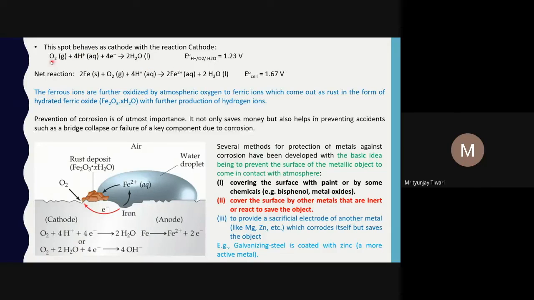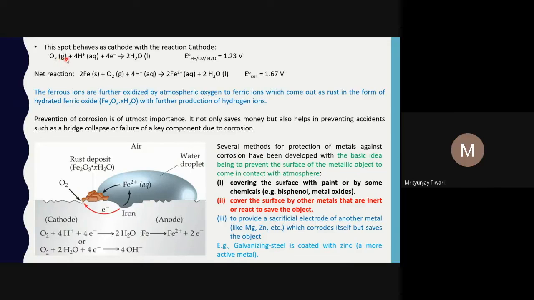At the cathodic spot, what reaction will take place? It will be the reduction, because only reduction takes place at the cathode. As I explained earlier, the oxygen will be converted into oxide, and this oxygen accepts those electrons which were released due to the oxidation of iron.